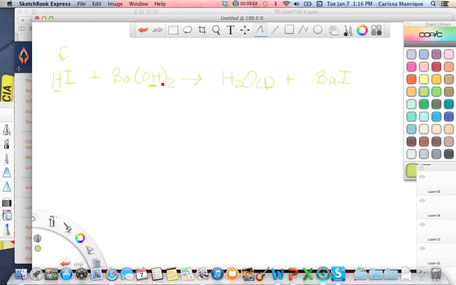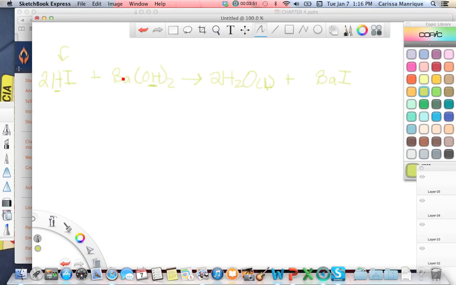We have OH twice and H. So H2O, we have 2 of those, 4 of those, so there's going to be 2 waters here. So I have 4, so I'm going to have 2 of these, balancing this equation.